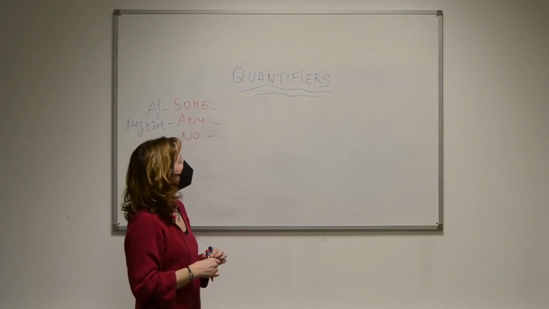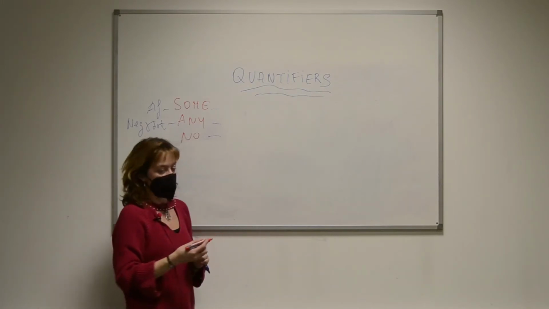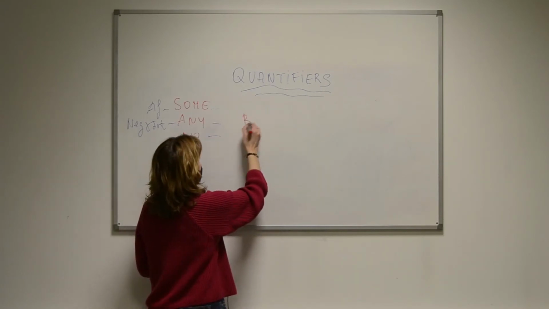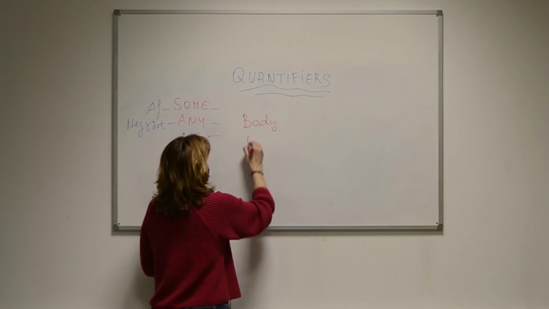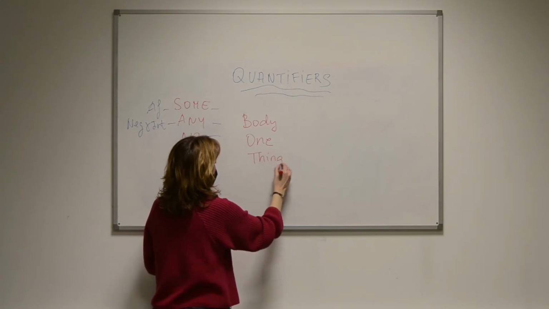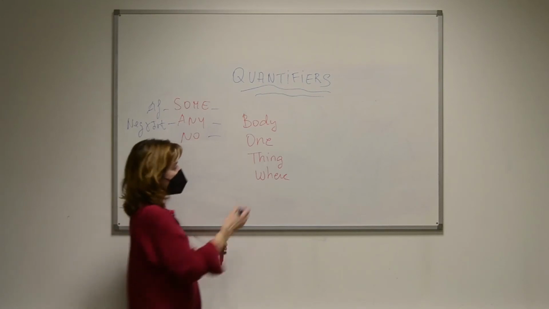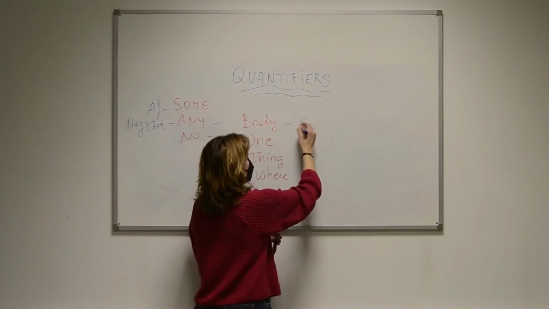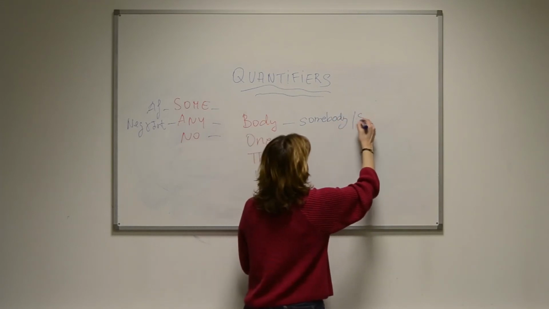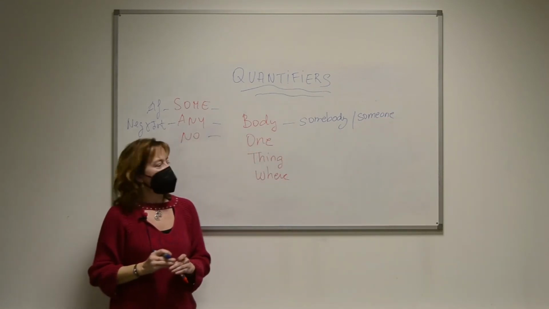Finally, we are going to review the compounds that exist in English with some, any, and no. Some, any, and no can be added to the word body, to the word one, to the word thing, or to the word where. For example, if we say somebody or someone, which refers to a group of people.